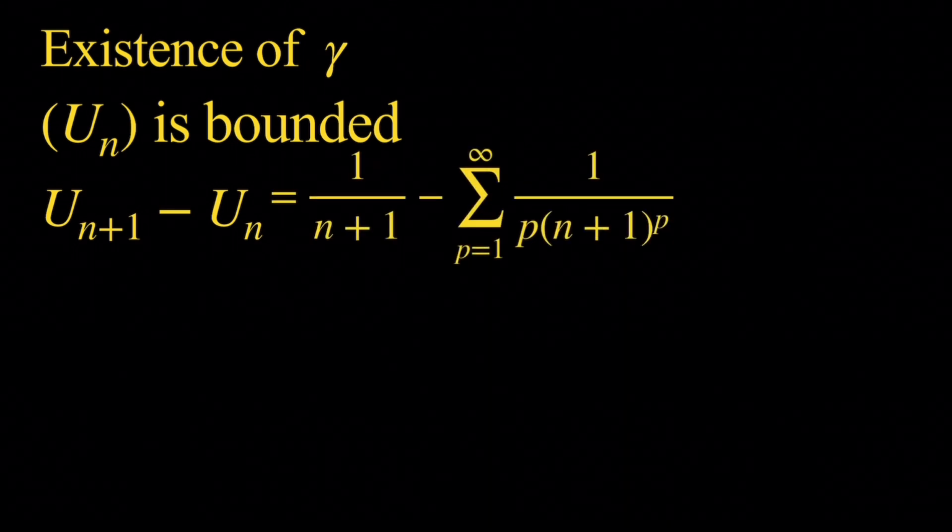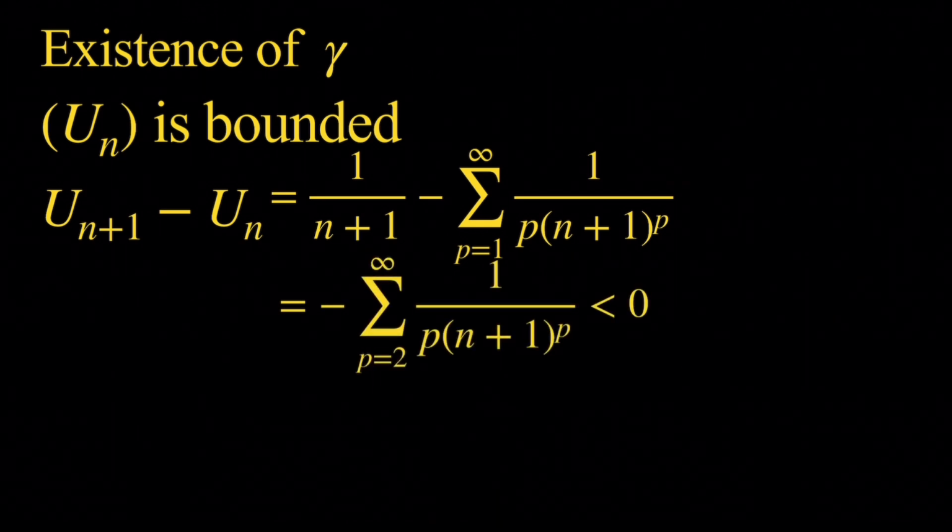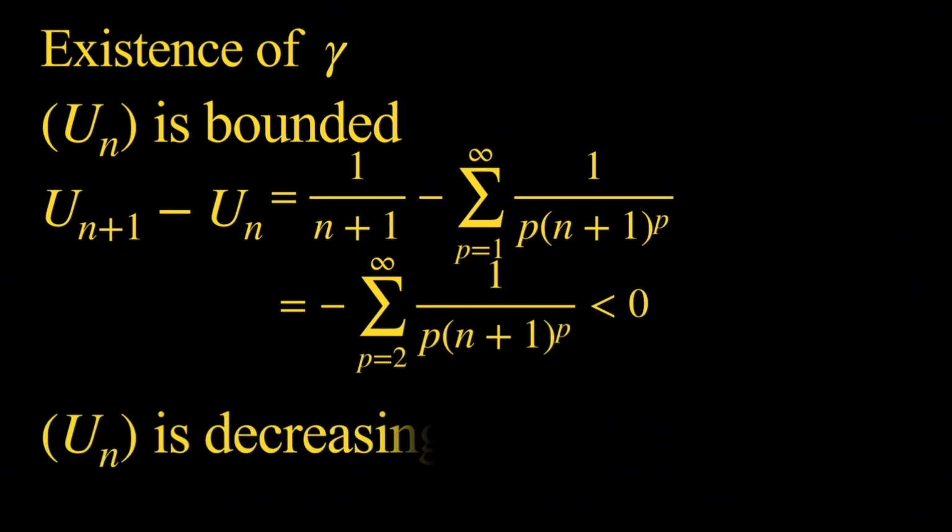Now notice that the first term in our infinite sum is precisely 1 over n plus 1. So we're going to end up with negative the sum as p goes from 2 to infinity of 1 over p times (n plus 1) to the p. Now, everything here is negative because all the terms of our infinite sum are positive. So the whole thing is negative, which means our sequence is decreasing.